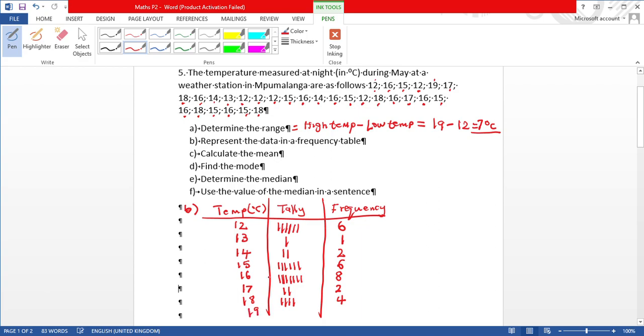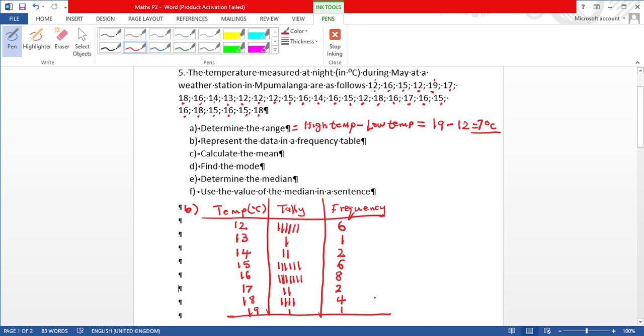Then the final number is 19, which is our highest number in our data. We've got one 19. You don't have any other 19, so just 1 here, then you have 1 there. So that's it. We can close our table. So this is question B.